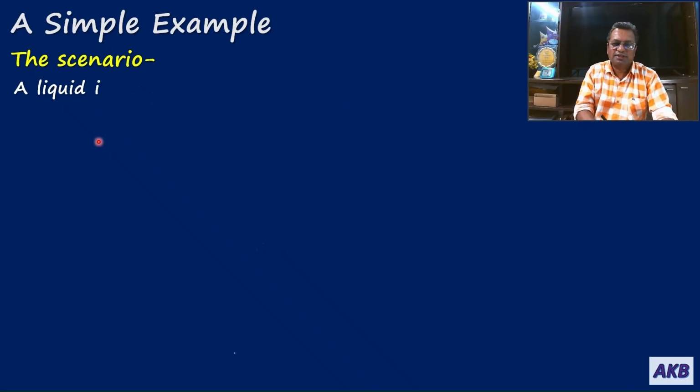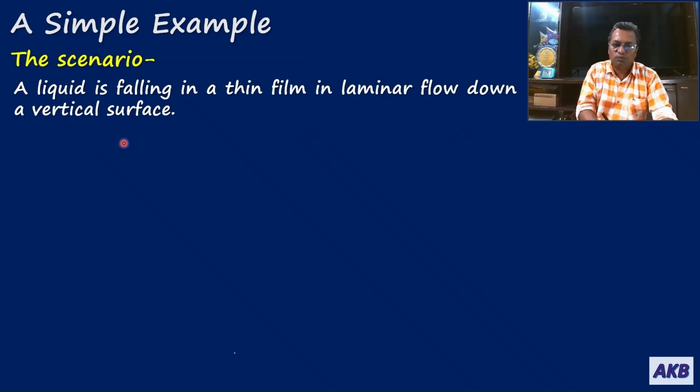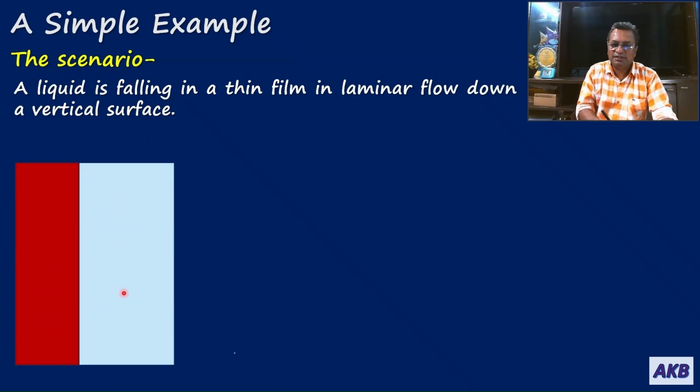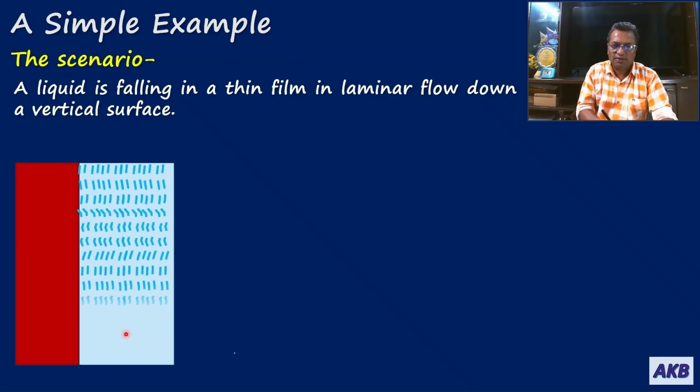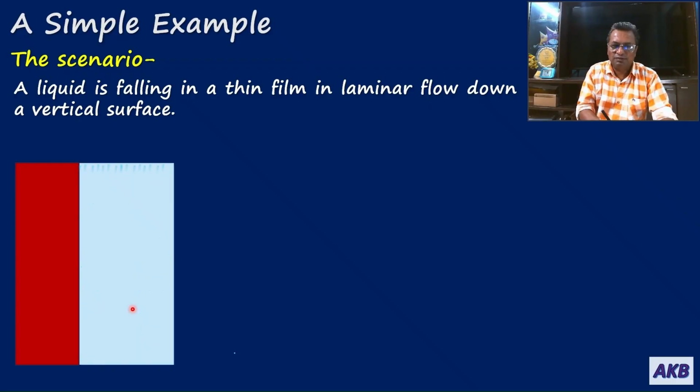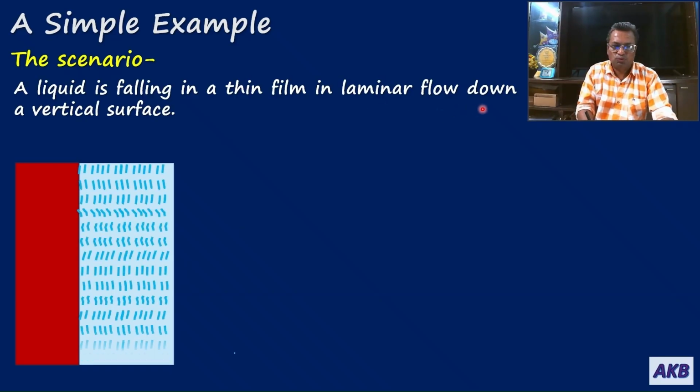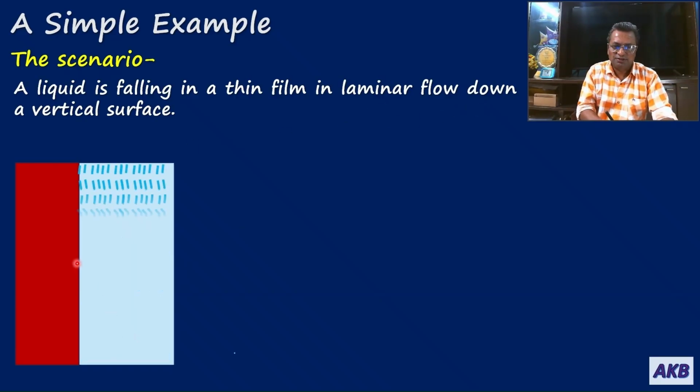The scenario in this case is a liquid falling in a thin film in laminar flow down a vertical surface. So there is a vertical surface, and along this vertical surface a liquid is falling as a thin film under laminar conditions.